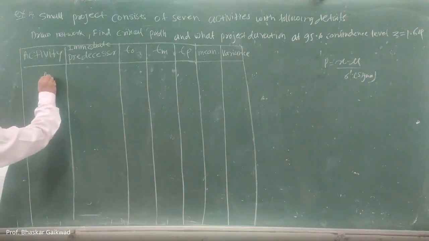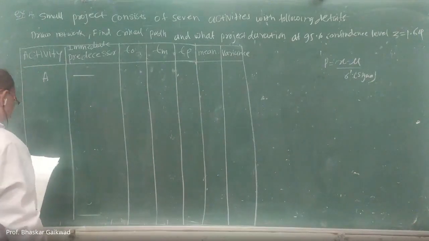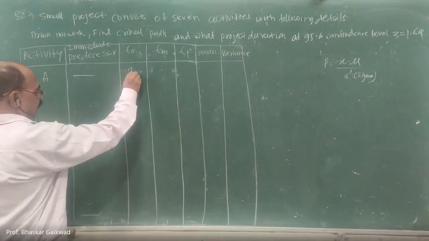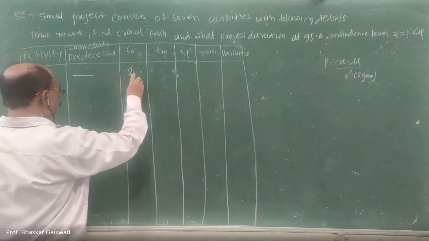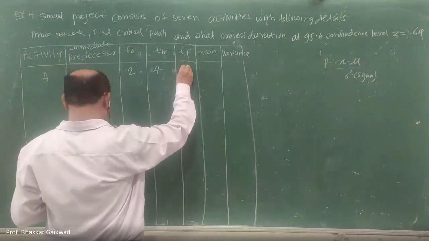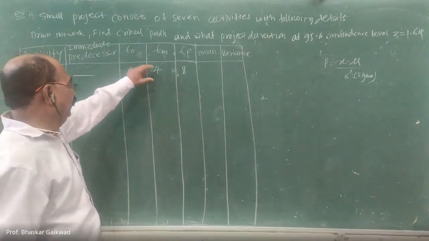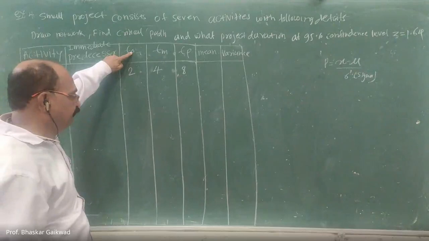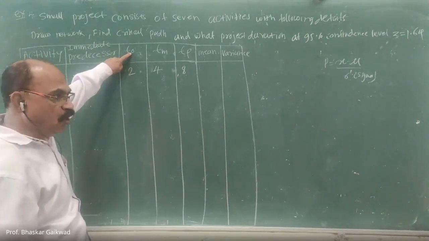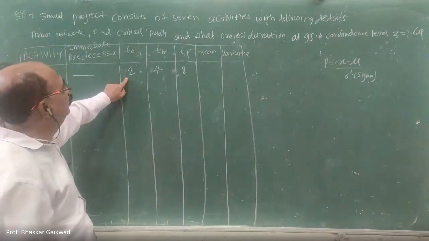So activity A, immediate predecessor is not there. Here 2, 4, 8 means optimistic time 2, most likely time 4, and pessimistic time 8. Optimistic means every condition is in favor of us, and the time for this activity is 2.